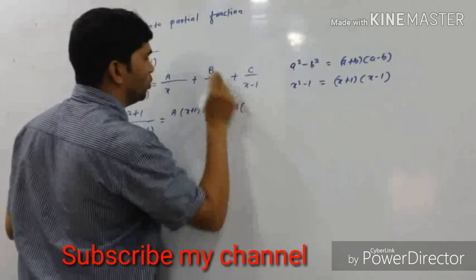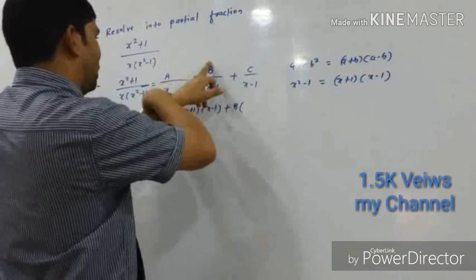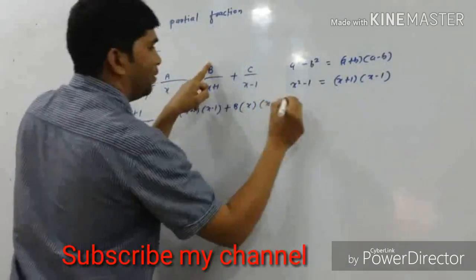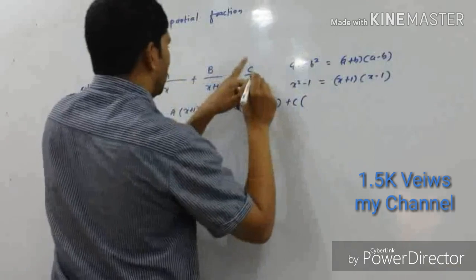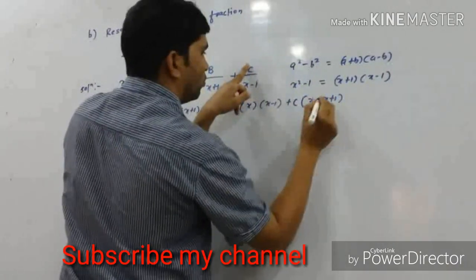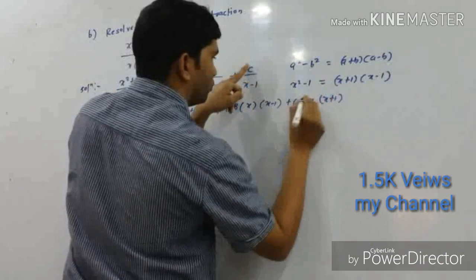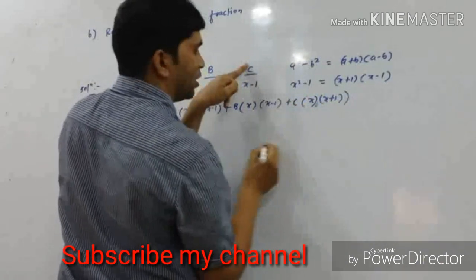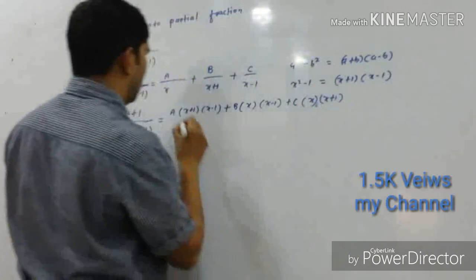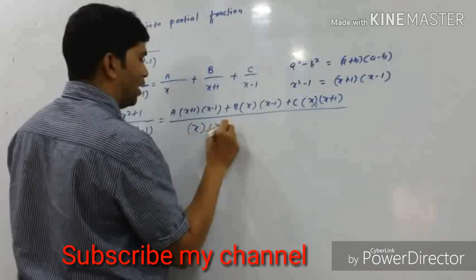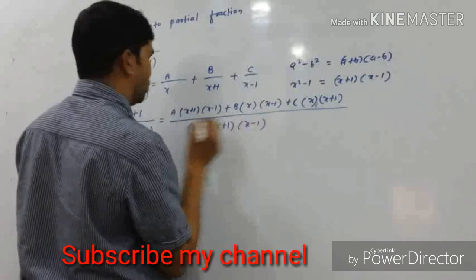Then B into, we put B and remaining denominator x into x minus 1, and plus C here x into x plus 1, and denominator is x into x plus 1 into x minus 1.